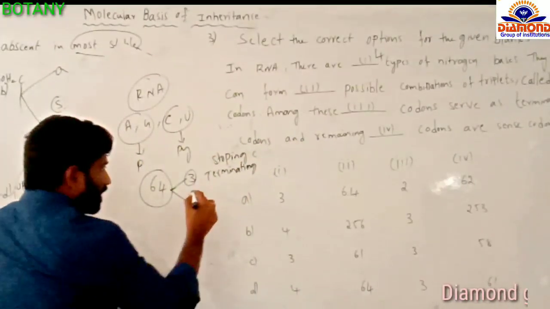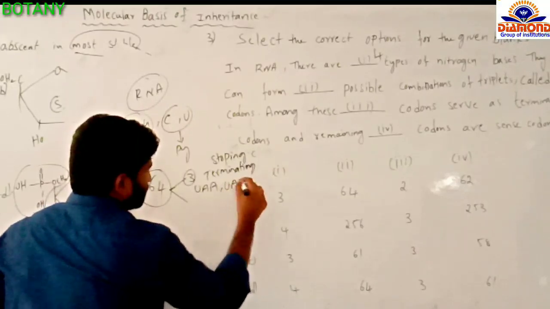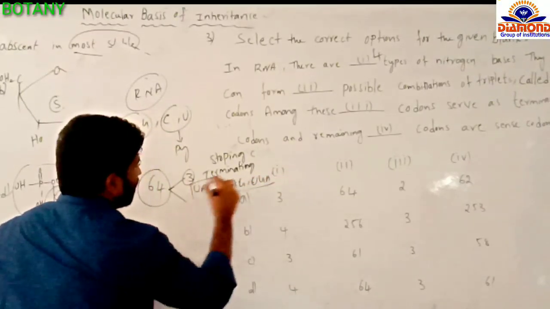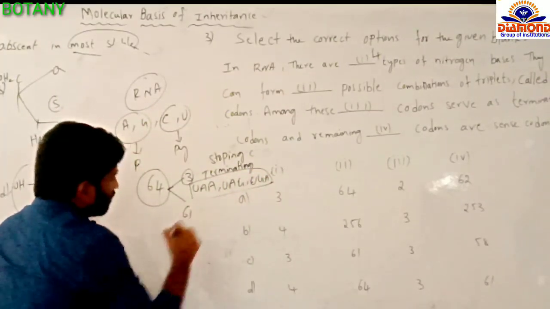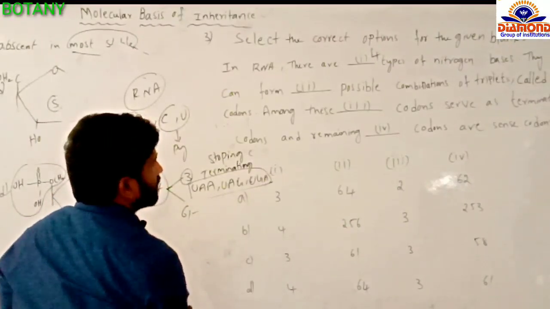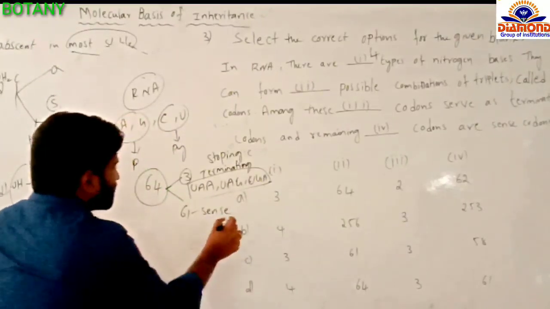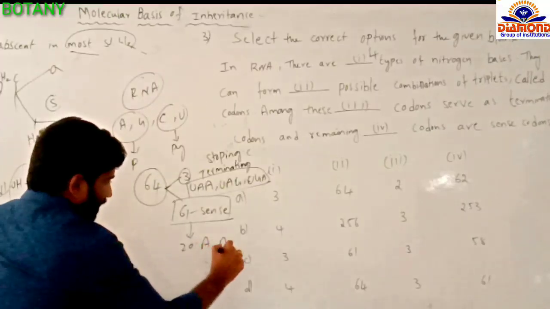Those 3 are UAA, UAG and UGA. These 3 we call stopping codons. The remaining 61 codons are sense codons. These 61 codons encode the 20 amino acids.